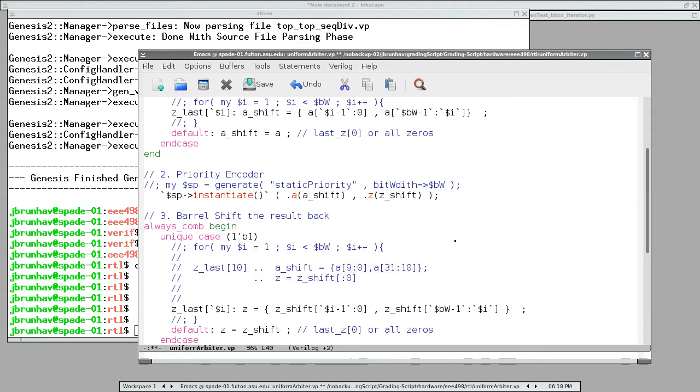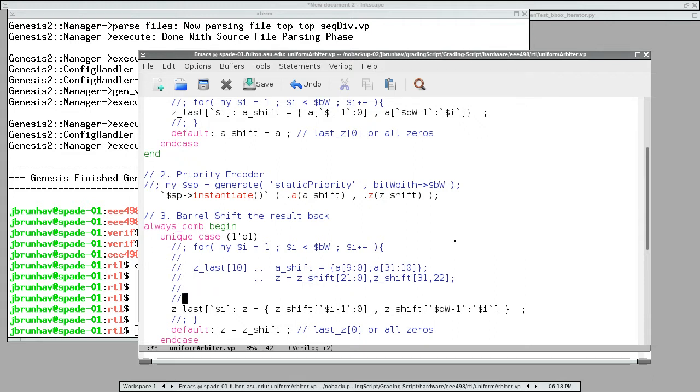And then this one is 31 minus 10, so that would be 21. And then we would concatenate that with 31 to 22. Okay, so I think that's probably all we need.